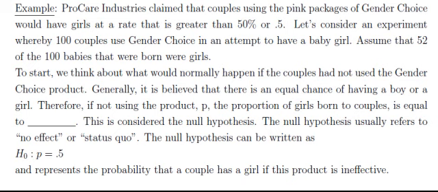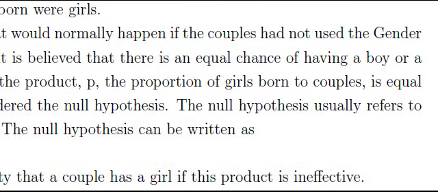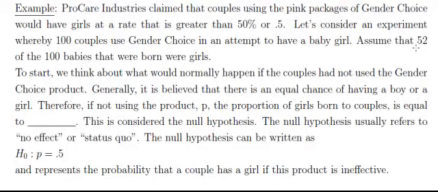And so they did an experiment to try to prove the product works by identifying 100 couples that took the gender choice. And so that's part of collecting data. And of those 100 couples, 52 of them were girls.